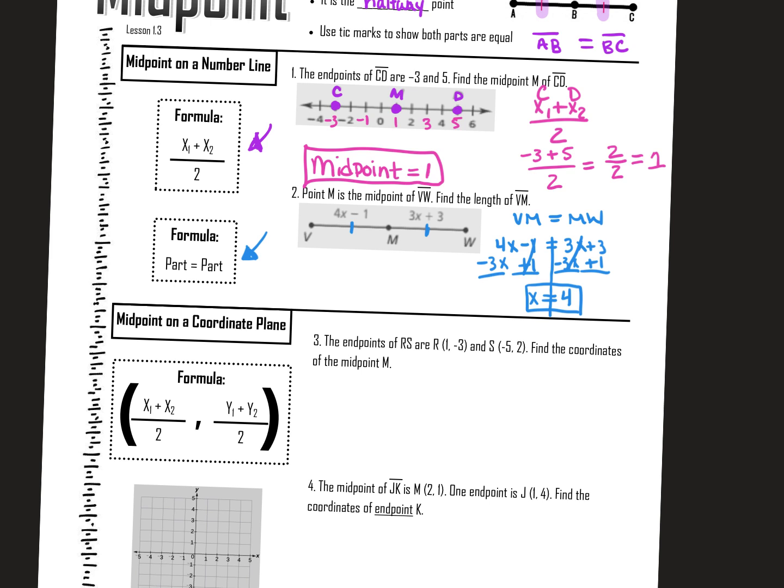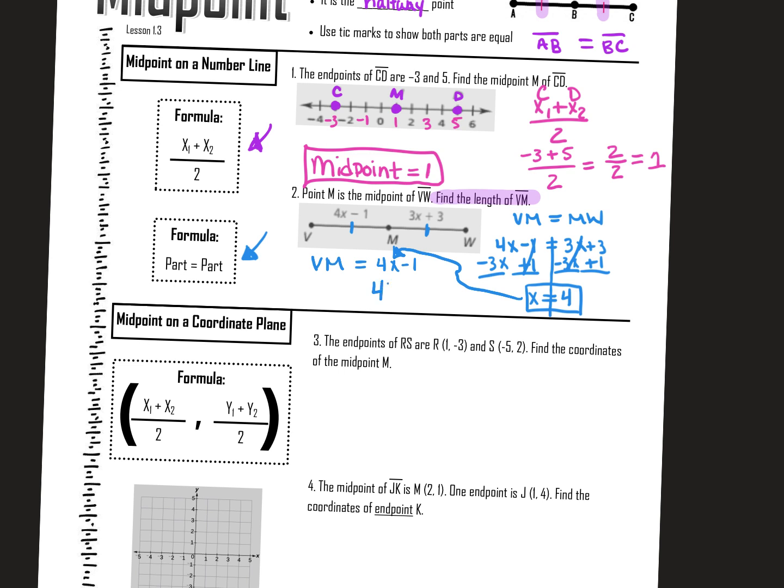Now I need to look at my question. My question was asking for the length of VM. VM is again not represented by just an x. VM is the same thing as 4x minus 1. Well, now I know what x is, so I can take this x and substitute it in.